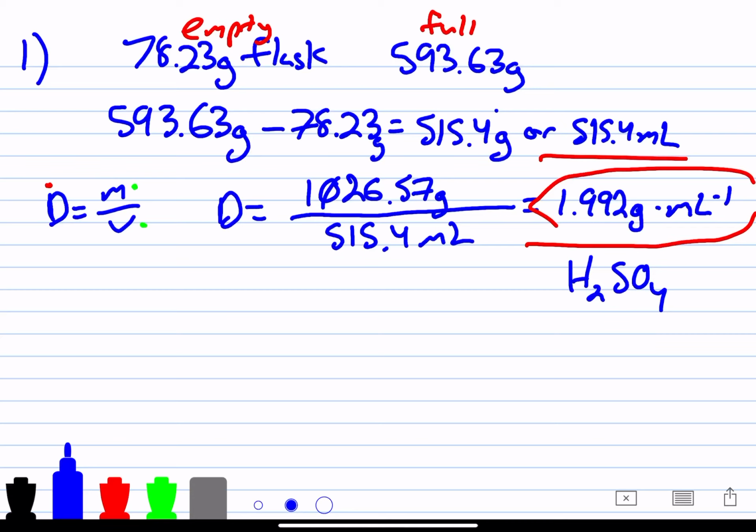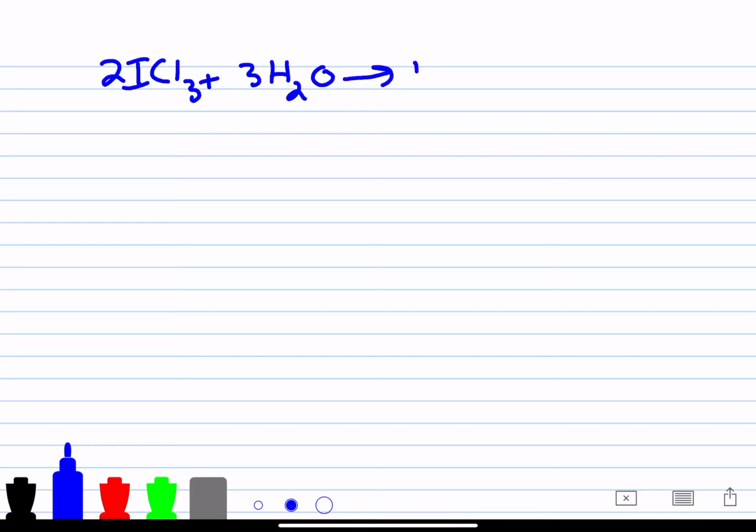Problem 2 asked us to consider the reaction 2ICl3 plus 3H2O goes to form ICl plus HIO3 plus 5HCl.